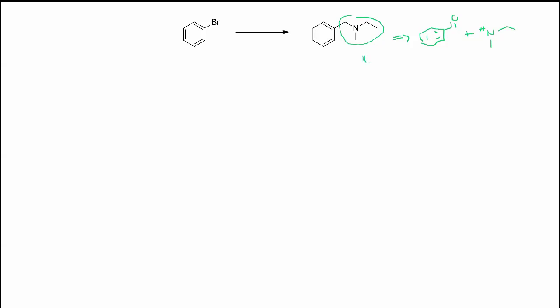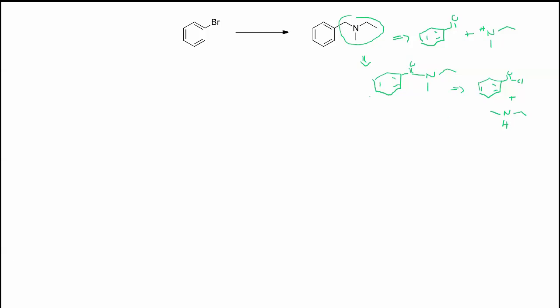It could also have come from an amide, which would come from the acid chloride. And I don't think you had to make the amine from ammonia in this particular problem.